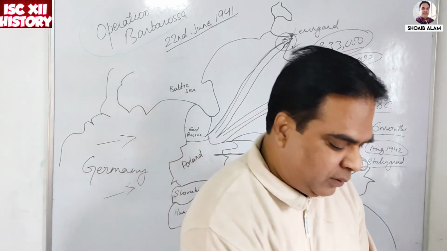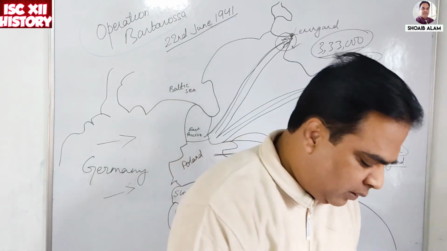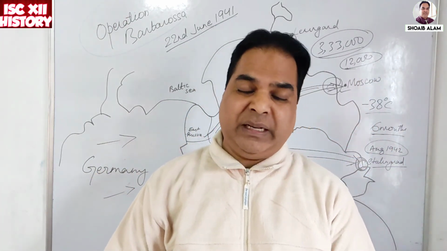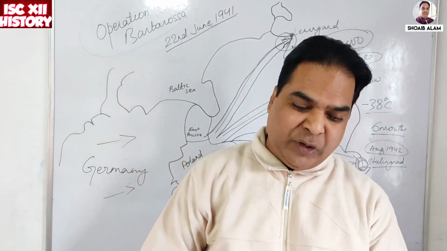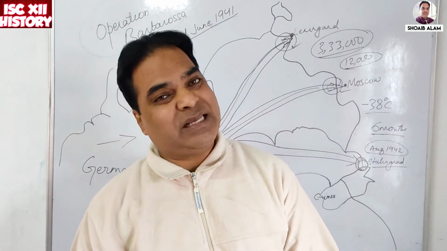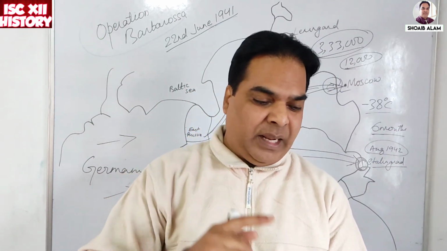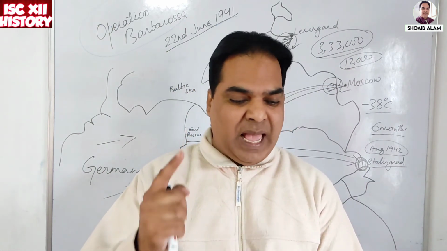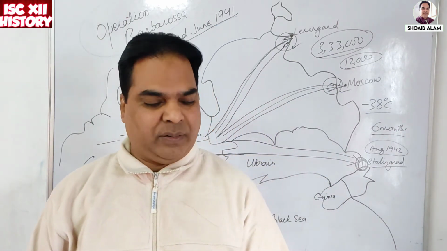So what is the significance of Operation Barbarossa? The dream of Hitler completely disappeared. His military operation was a disaster in human history. It also witnessed unprecedented violence and destruction, and more than 26 million people were killed in this war.